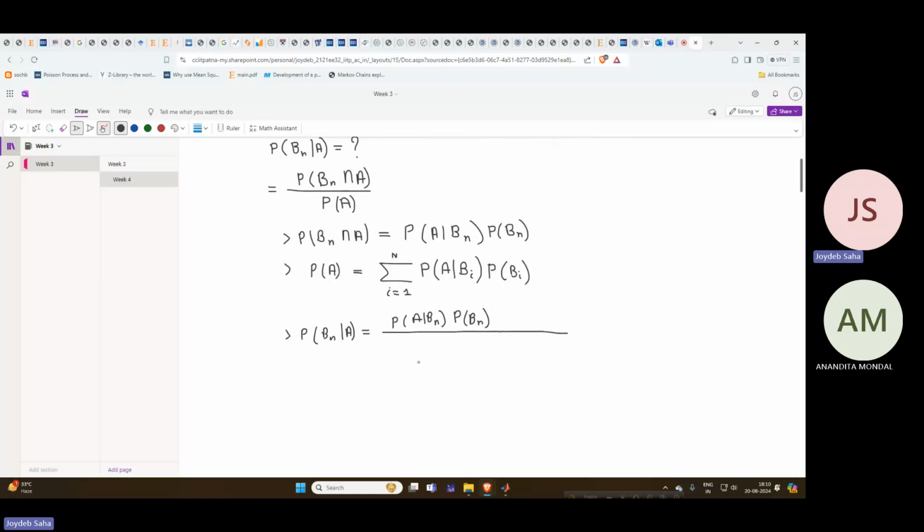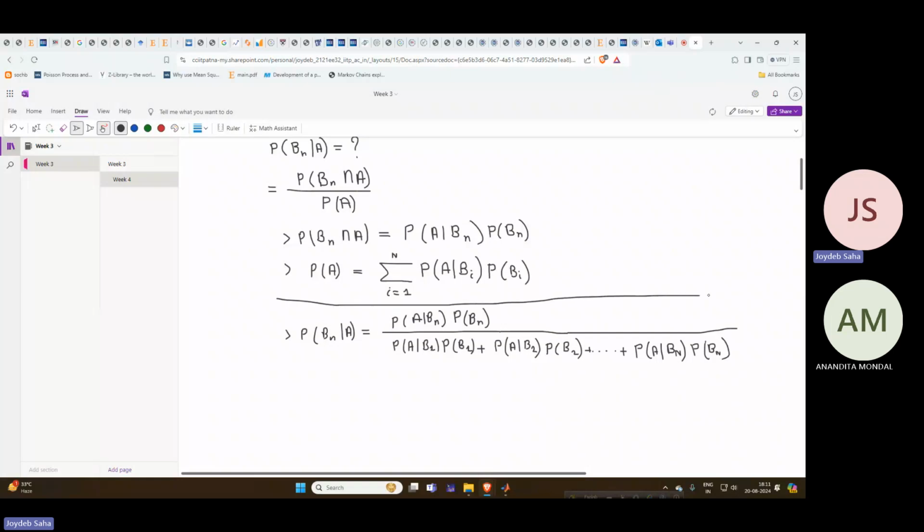If we put i is equal to 1 to n, then we will get probability of A upon B1 into probability of B1 plus probability of A upon B2 into probability of B2 plus probability of A conditioned on B capital N into probability of B capital N. Okay, this is Bayes theorem.